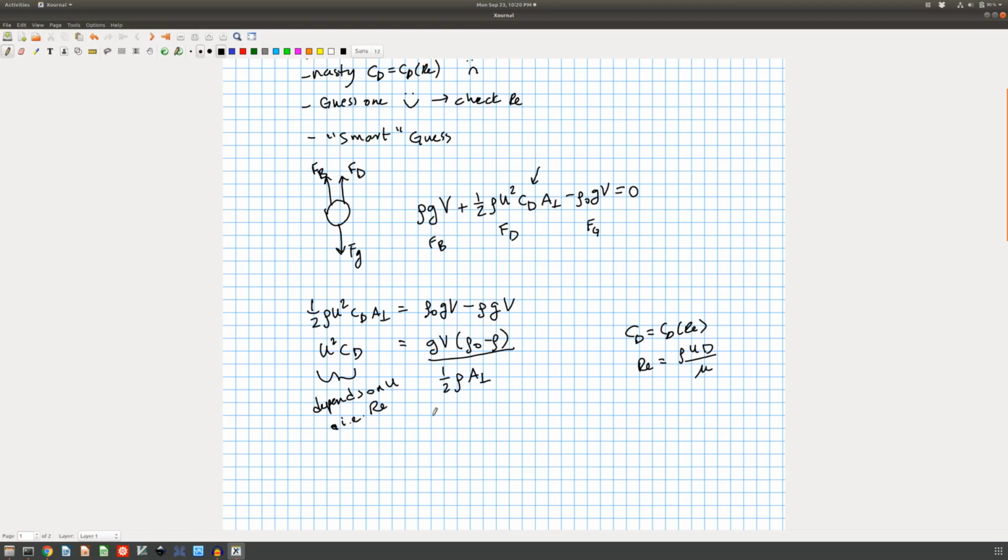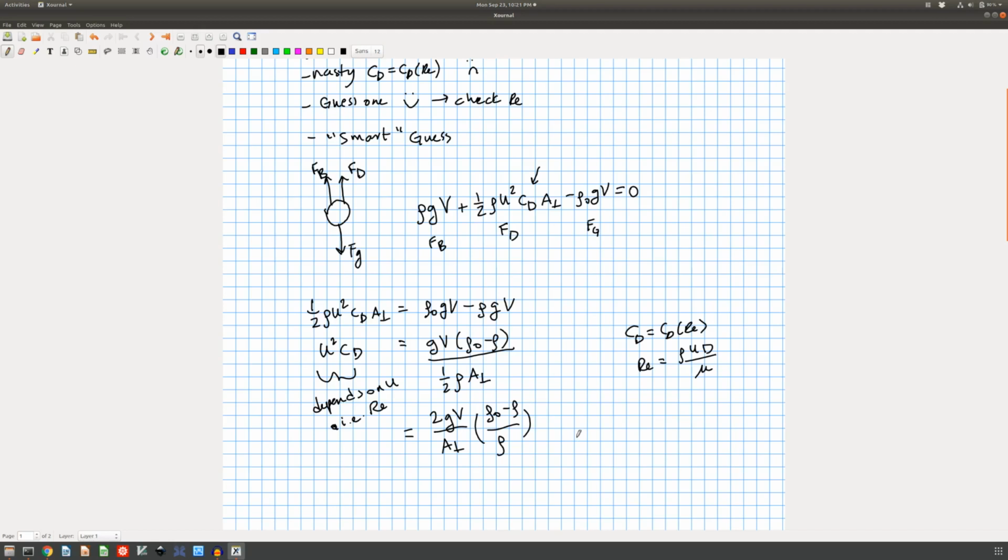Having done this, let me just rearrange a little. So I've got 2GV divided by projected area, and I have rho 0 minus rho divided by rho.